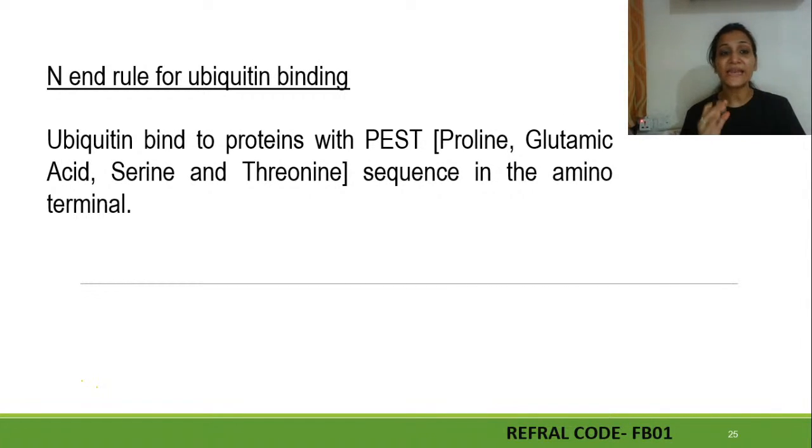Now there is an N end rule for ubiquitin binding. And what is this N end rule for ubiquitin binding? There is a rule: ubiquitin binds proteins with PEST. We have seen PEST previously also, that it stands for proline, glutamate, serine and threonine. So the sequence is very easy for you to learn. Like P, you will very easily remember proline, and S for serine and T for threonine, and E for glutamate or glutamic acid, you can remember very well.